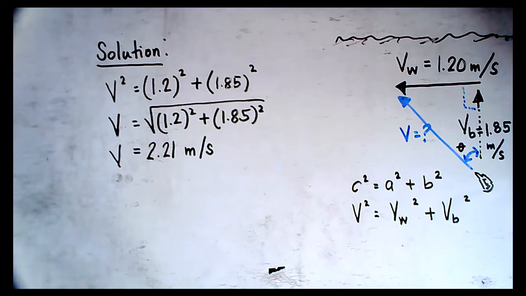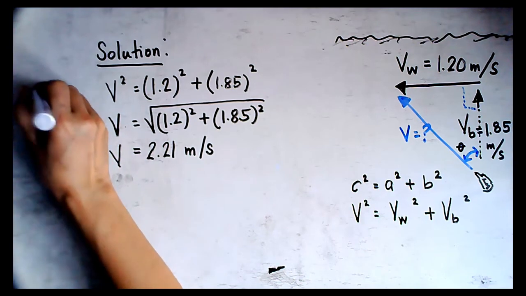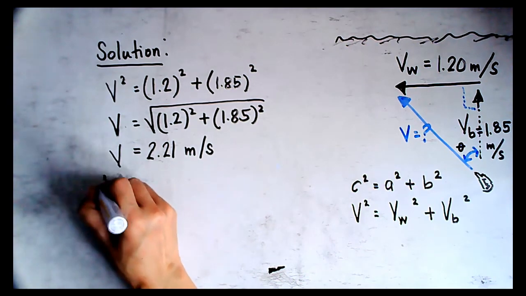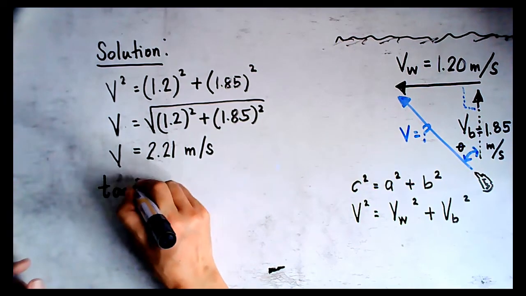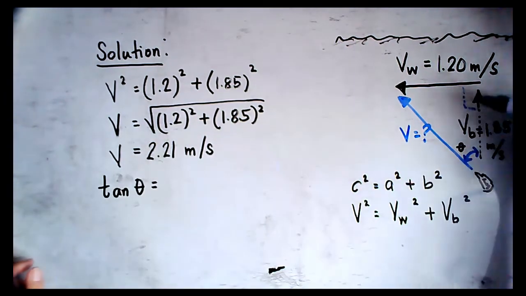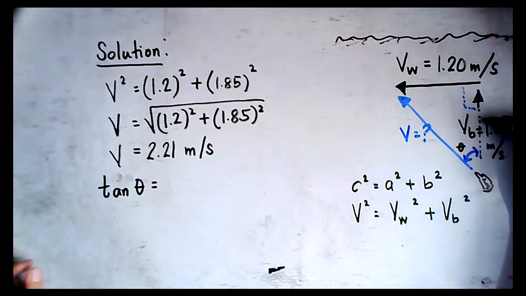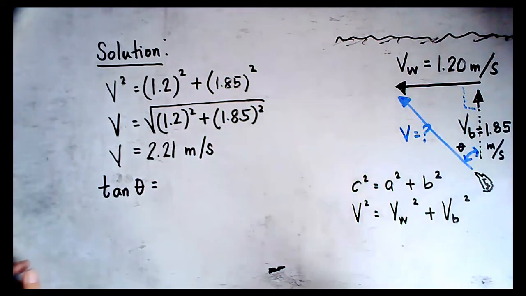So in determining the direction, we need to find the value of the angle. The angle can be determined using the basic trigonometric functions. From the basic trigonometric function, tangent of the angle is simply equal to opposite over adjacent.